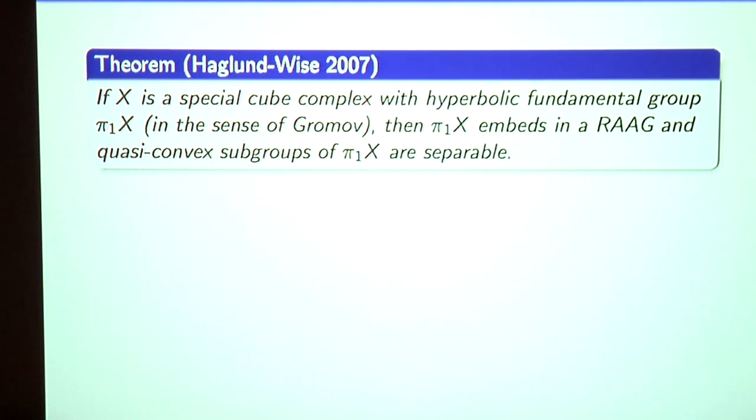So the theorem of Haken and Wise, 2007, is that if X is a special cube complex with hyperbolic fundamental group in the sense of Gromov, so it's delta hyperbolic for some delta, then the fundamental group of the special cube complex embeds in a right-angled Artin group, and the quasi-convex subgroups of pi 1 X are separable.